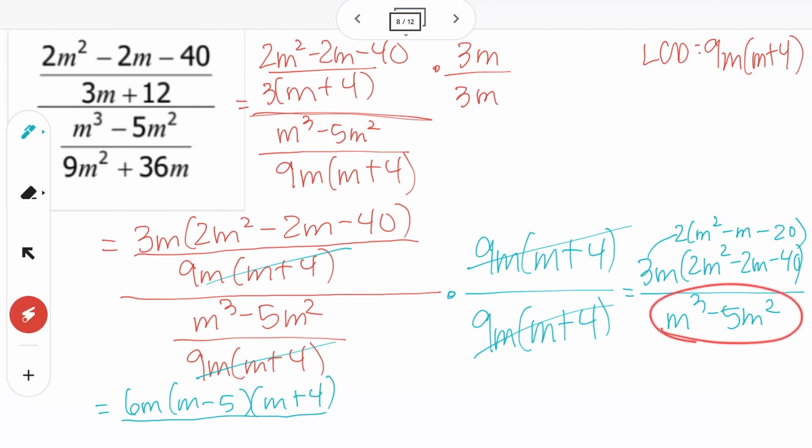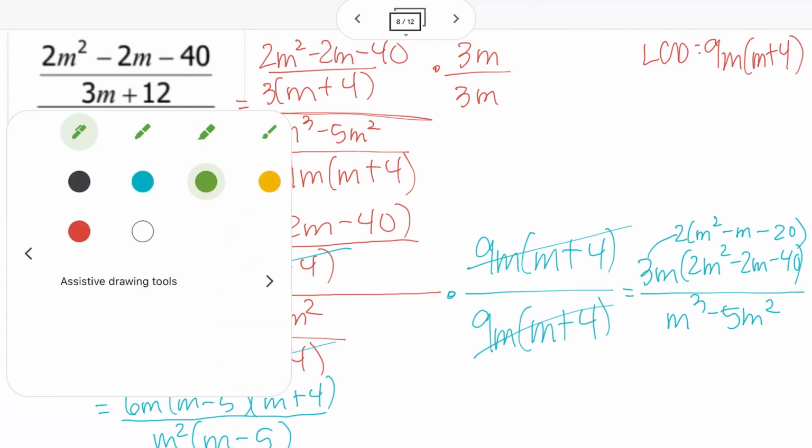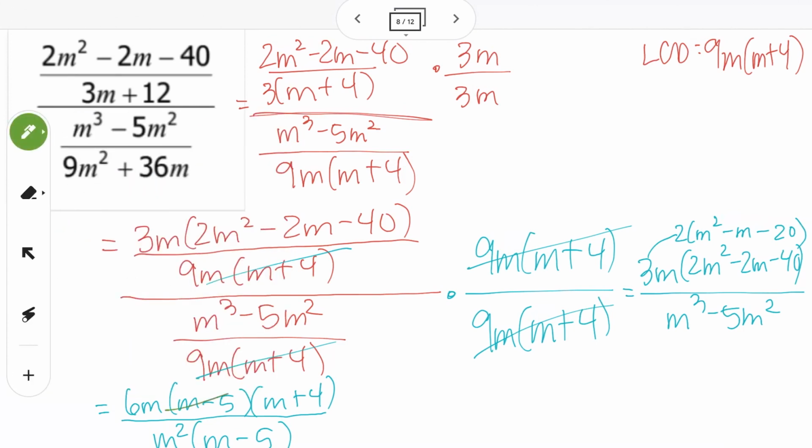On the bottom, I have a GCF between these two of an m squared, and then we're left with m minus 5. And now I can start to simplify. Those m minus 5's cancel. This m crosses out, so I will have 6 times m plus 4 all over m.